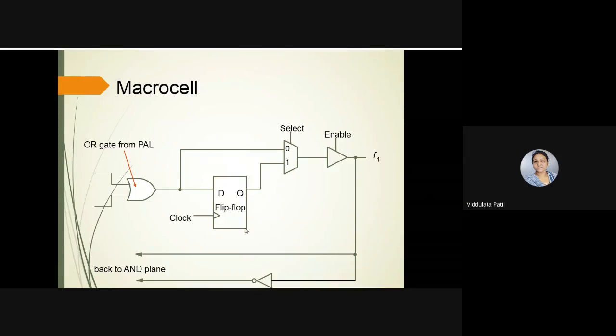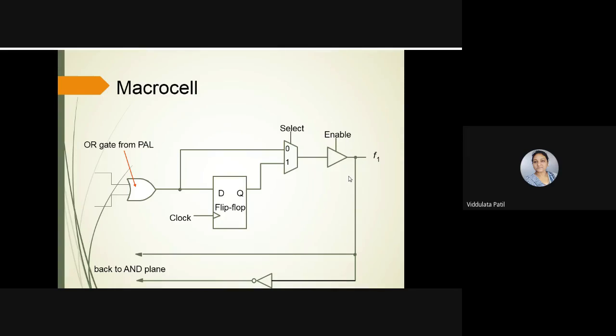That is connected to the flip flop, so a D type flip flop is connected there, or it may be connected to the multiplexer directly. There is one multiplexer as well as one buffer that is used. The output of the flip flop and the output from the OR gate are connected to the multiplexer, and then the output of this multiplexer is connected to the buffer, and then we get the actual output.